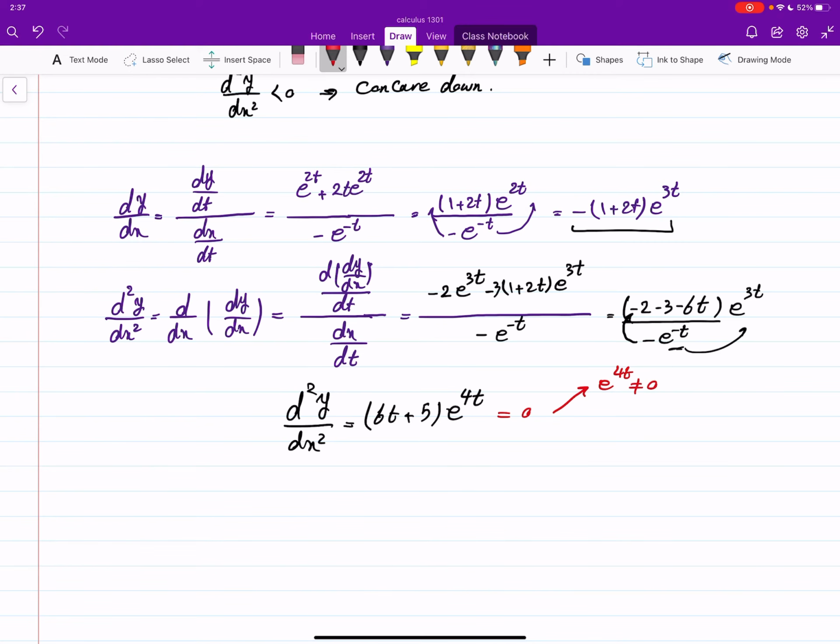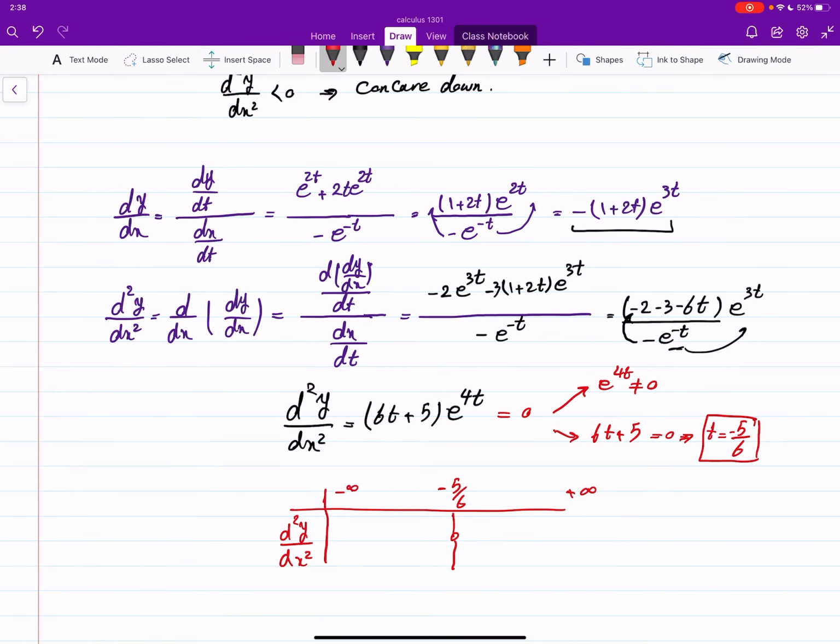But e to the 4t is always non-zero, and that means that for sure 6t plus 5 needs to be 0. So t must be negative 5 over 6. So we found where the second derivative is 0. This is negative 5 over 6.